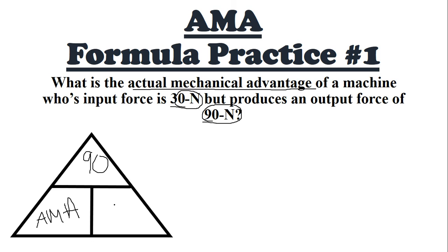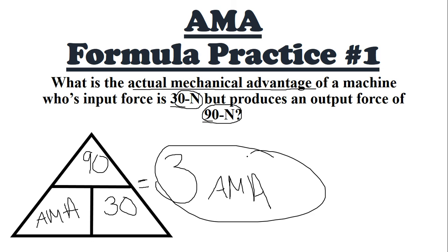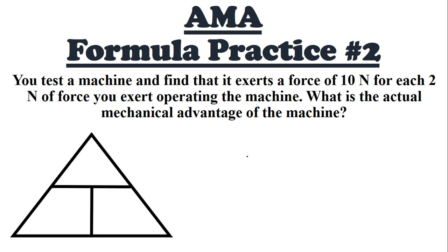And at the bottom goes the input force, or what you do. Since the numbers are on top of each other, you're going to divide. This is actually pretty simple. You do not even need a calculator because zeros will cross off. 9 divided by 3 is 3. There's no unit here, so if you want to say 3 AMA, that's fine as well. And that's the answer. Let's do one more.